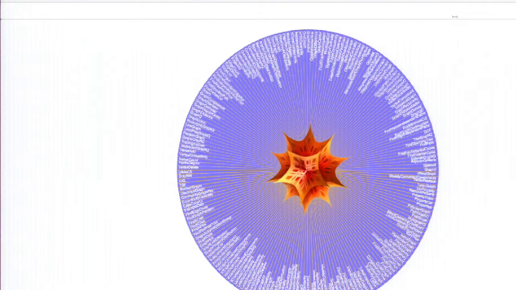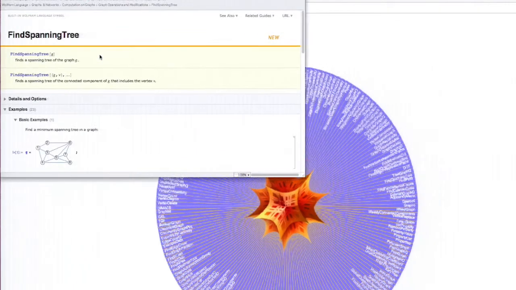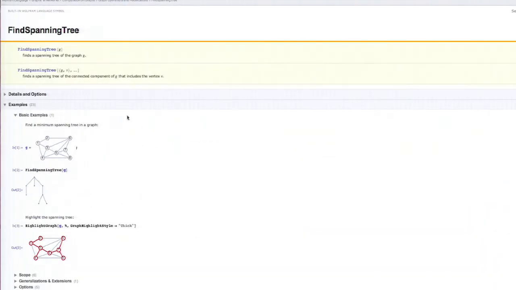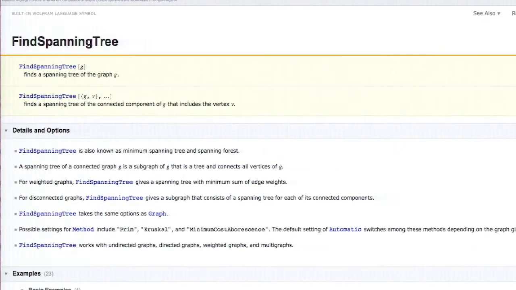And the other thing I'd like to show, actually, let's see, find a spanning tree. If you take, for example, the documentation in Mathematica, you will probably notice it. Let me make it slightly bigger.